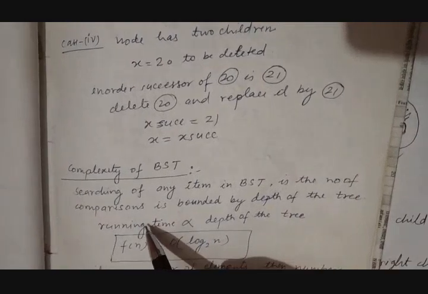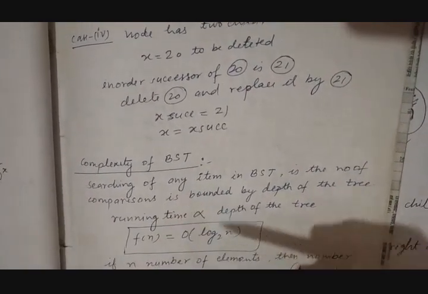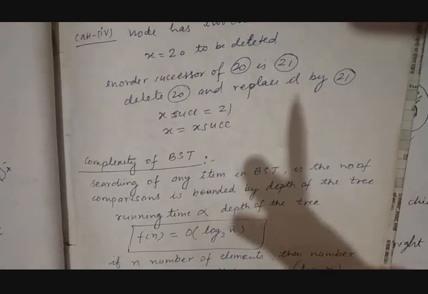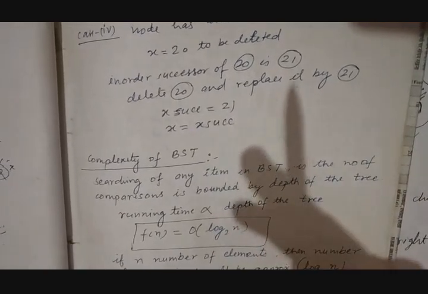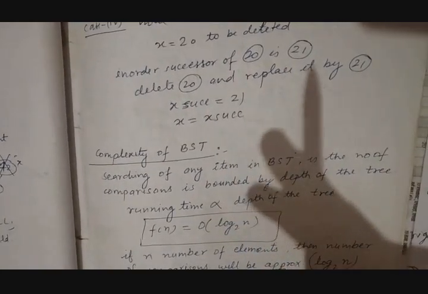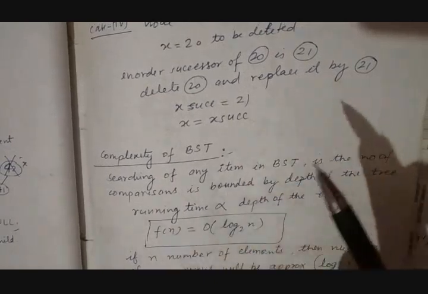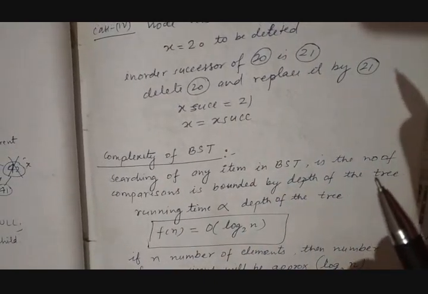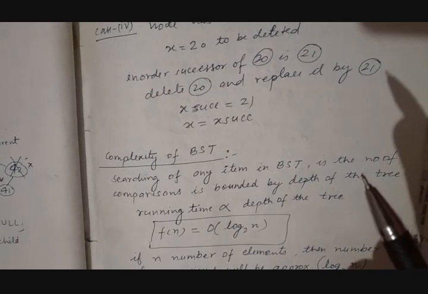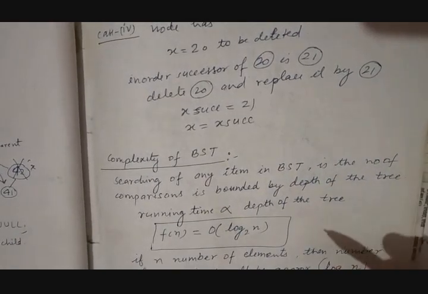We know that in a binary search tree, if we want to search for something, then we have to traverse at most the longest path from the root node to the leaf node. That longest path from the root node to the leaf node is called the height or depth of the tree. It means the searching complexity in binary search tree will be equivalent to the height or depth of the tree.